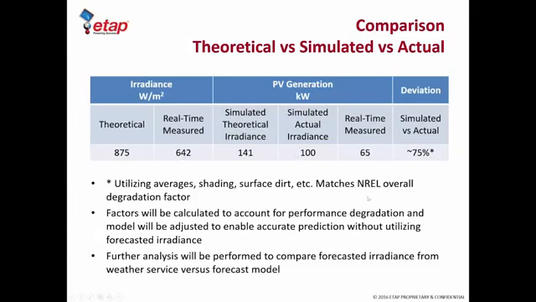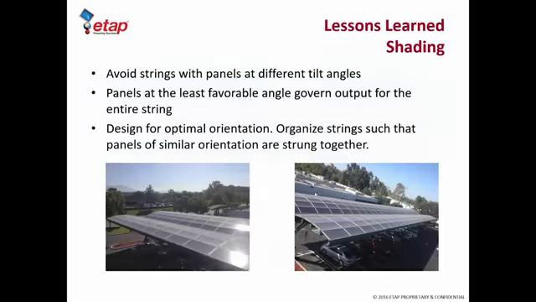So again, this was just a single day analysis to give you an idea what ends up happening between theoretical versus actually measured values. They may or may not match, but there are various reasons associated with it.